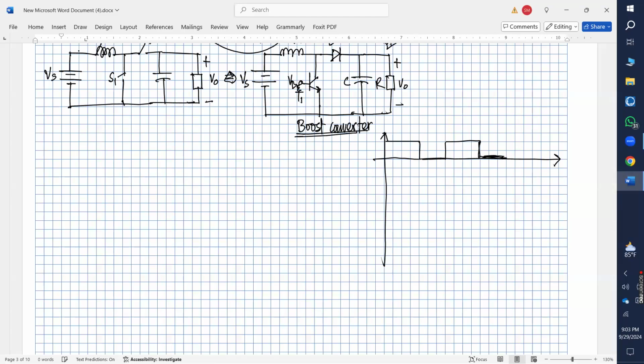So this is the voltage waveform for VBE. So whenever you are putting pulses here, this switch will turn on or off.